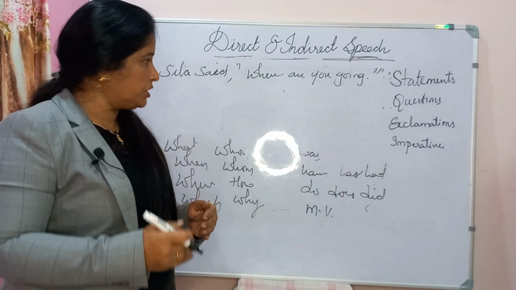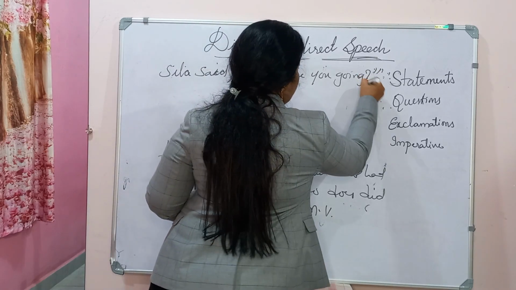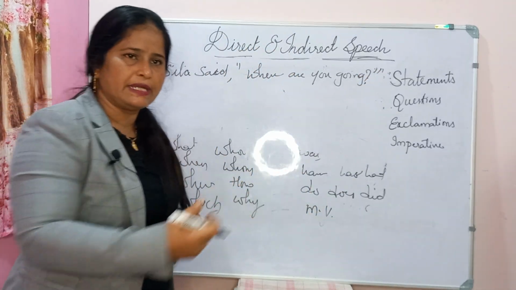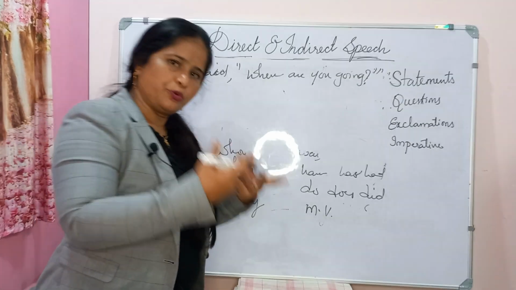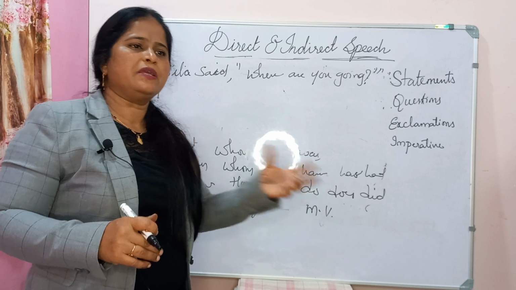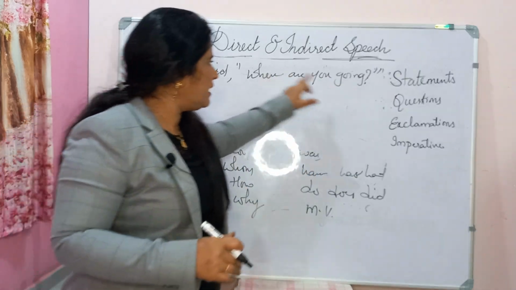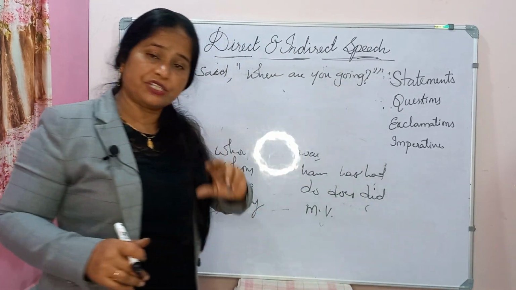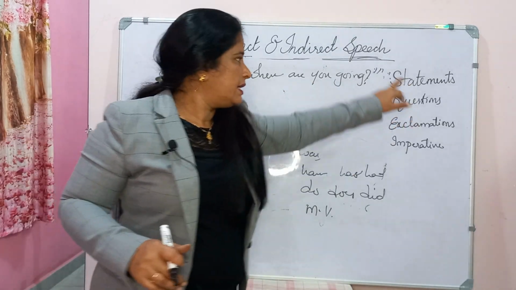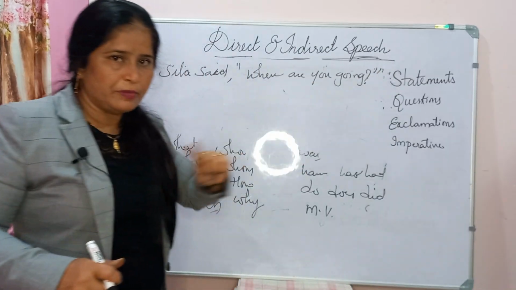If it is a question, it should not remain a question. When we are changing from direct to indirect, we should convey the question only, but if we carry the same thing, the speaker's words, it will remain a question. We are changing it, so this question form will become an assertive statement. So we have to remember that.